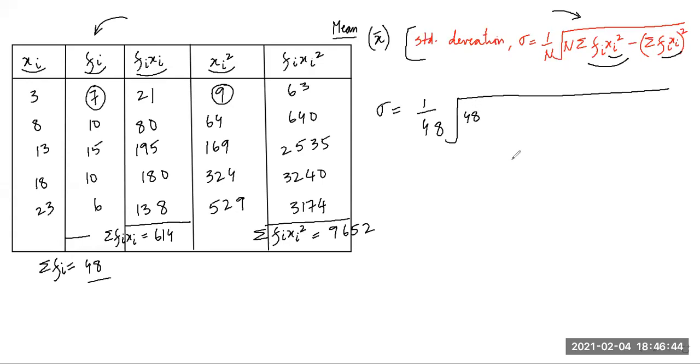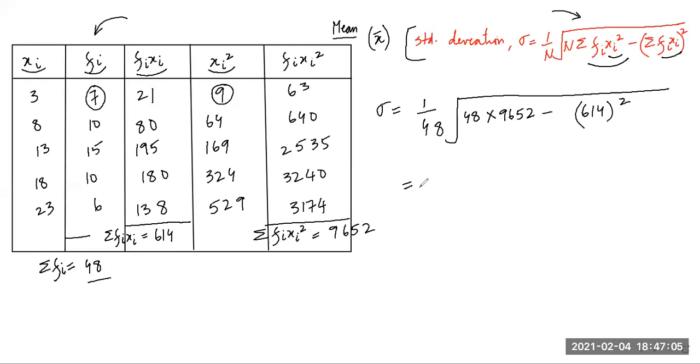Now summation fi xi square. This is n multiplied by 9652 minus, now summation fi xi, this is 614, square of this.